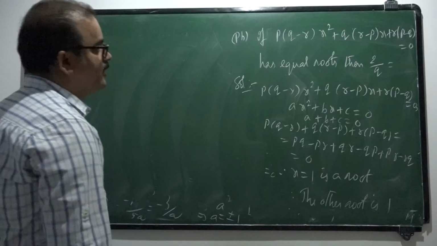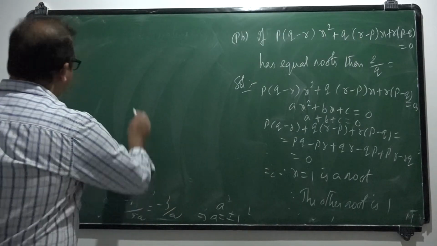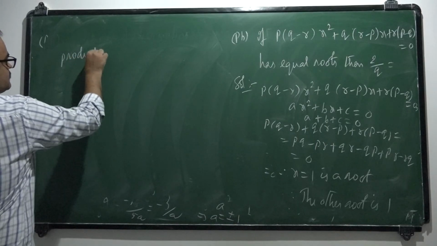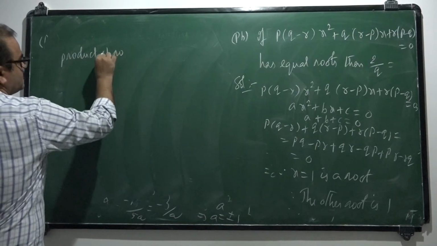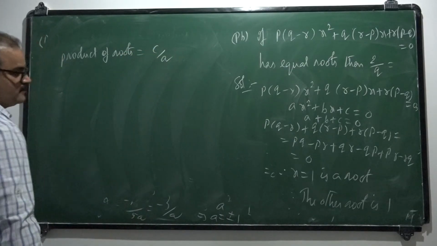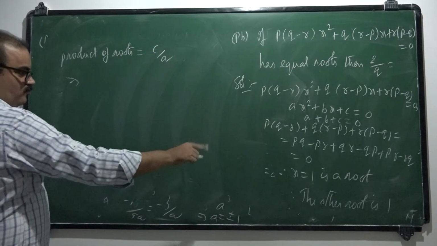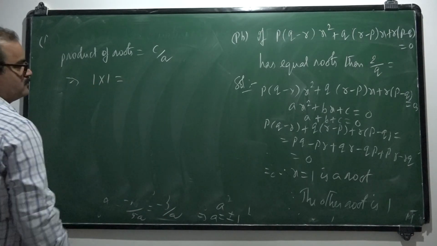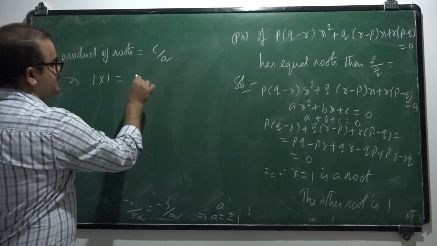Okay. Now we apply the condition product of the roots. Product of the roots is equal to c by a. Here what are the roots? 1 and 1. Product 1 into 1 is equal to c by a. What is c?